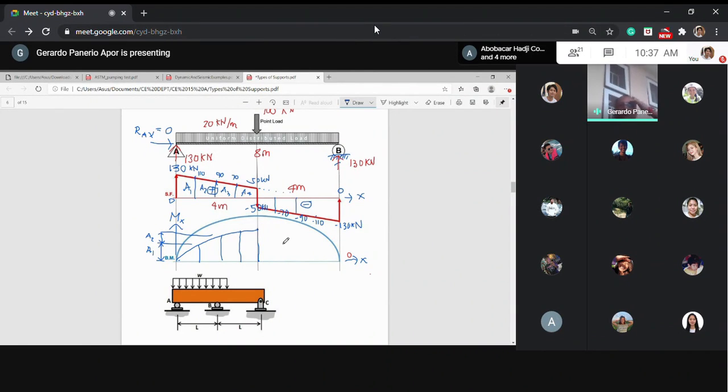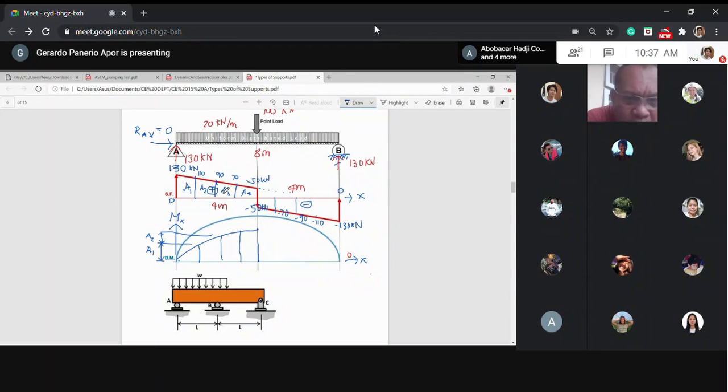Now, if I'm going to determine the moment at the midspan, from 0 to midspan, that's composed of area 1 plus area 2 plus area 3 plus area 4, or the total area. Okay. What is this shape again? Is this a circle? Is this a rhombus? What is this shape?